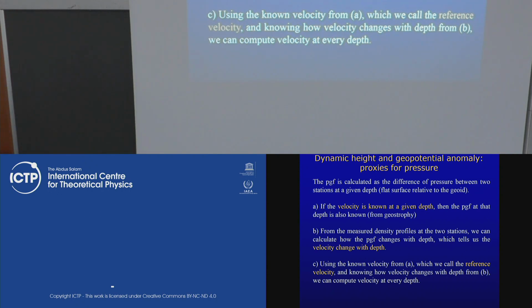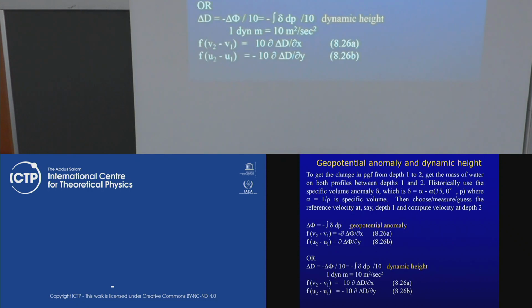So, from the thermal wind relationship, we are able only to determine the vertical shear. We are not able to determine the absolute velocity. In order to obtain the absolute velocity at all levels, we have to know the velocity at at least one level. So either we measure it, or we assume what the velocity is at a certain depth.